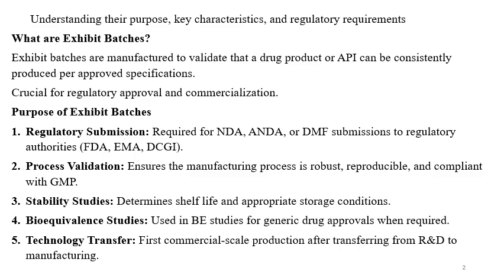And these EB batches are crucial for regulatory approval and the commercialization. EB batches or PV batches are required to be manufactured at the commercial site with strict CGMP requirements.